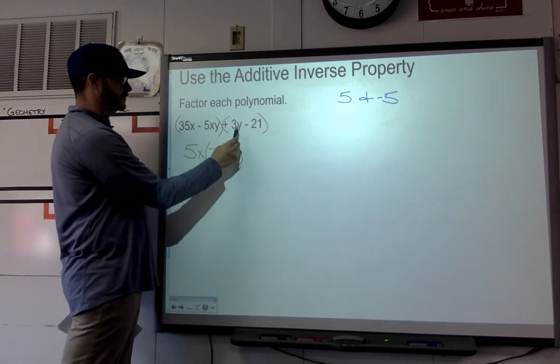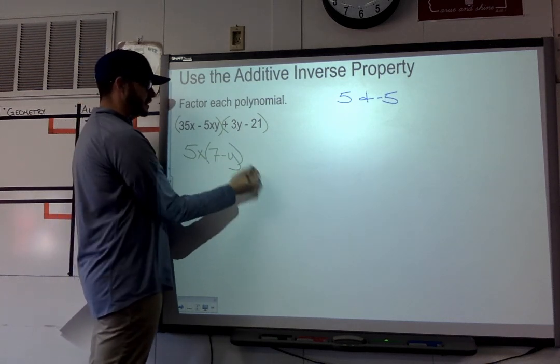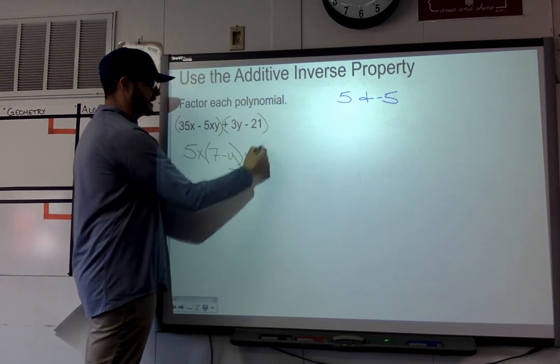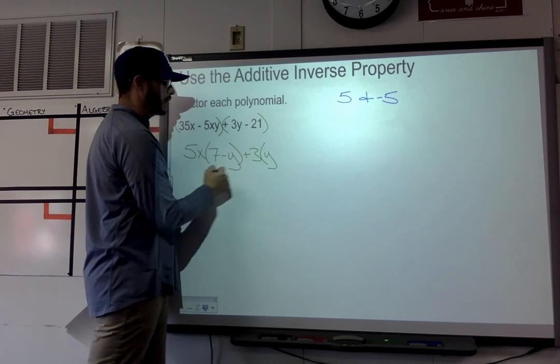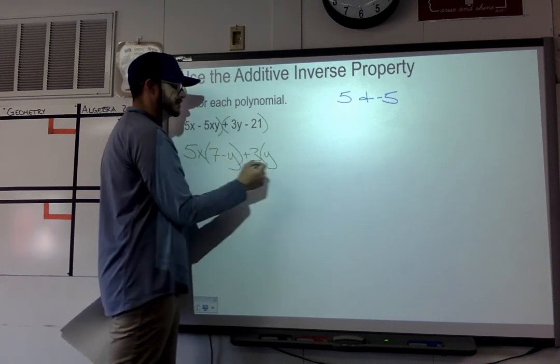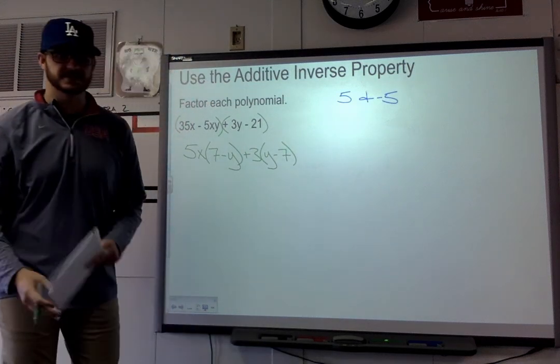Then over here, we know that we can take a 3 out of each of these. So we're going to factor out that 3. 3y divided by 3 leaves us with y. Negative 21 divided by 3 is going to give us negative 7.